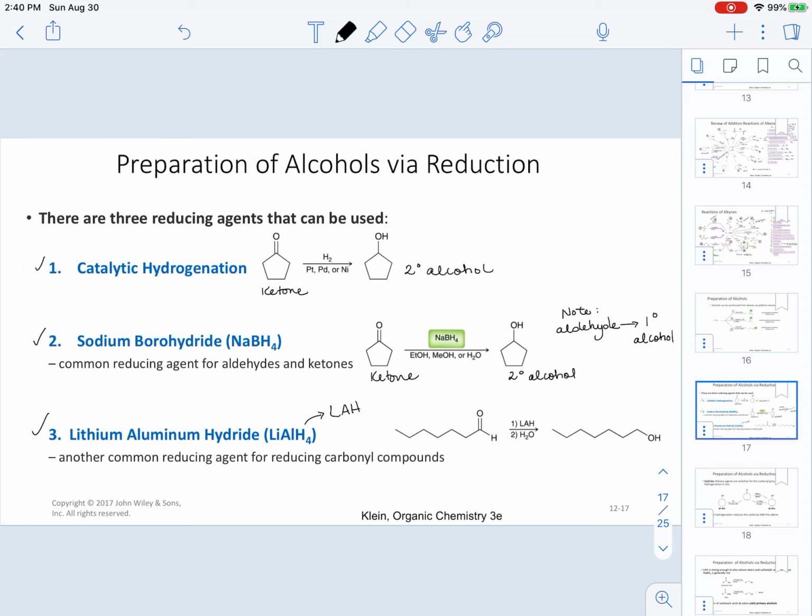Specifically, this is illustrating the reduction of an aldehyde, but other than aldehydes and ketones, esters and carboxylic acids can also be reduced with this reagent, which we're going to be exploring soon. But in the case of an aldehyde, you form a primary alcohol. And understand that when you utilize lithium aluminum hydride, that is a two-step reaction. So the second step is going to be water.